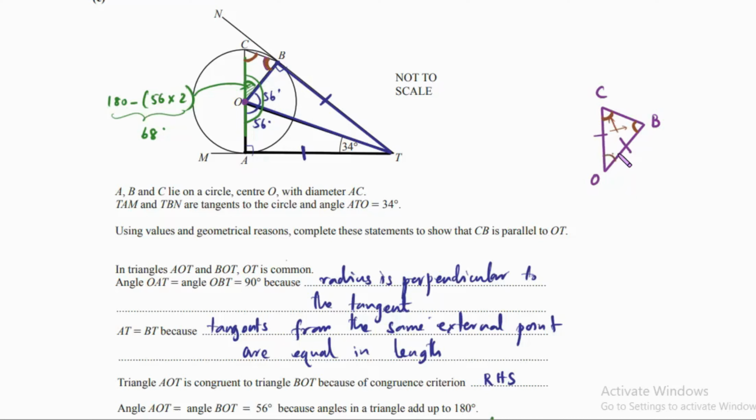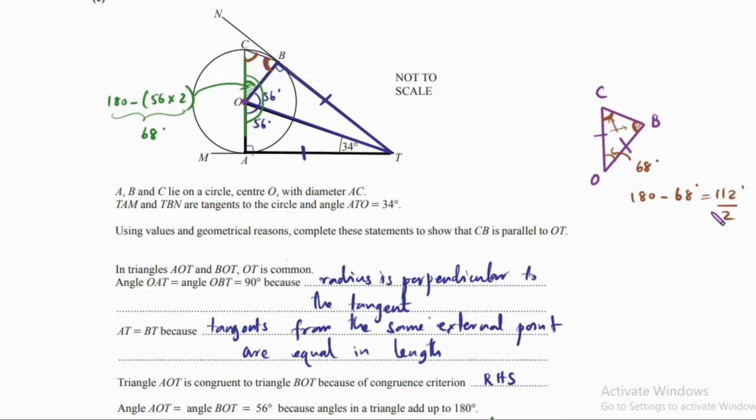Now, this angle that we have here is equal to 68, which means for me to find one of these two angles, first from 180, I need to deduct 68 degrees, and the answer that I get has to be split into two. So from 180, when I deduct 68, I end up getting 112, and I'm going to divide this by 2.